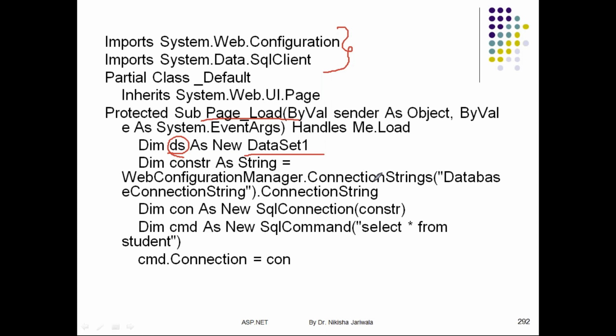That is how I added this dataset: by right clicking on the website within Solution Explorer, Add New Item, and from that template I selected DataSet, and the name I gave was DataSet1.